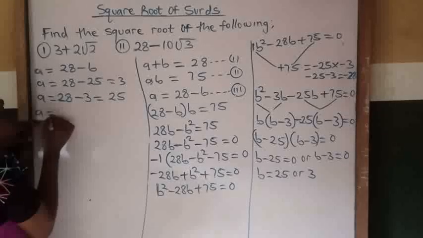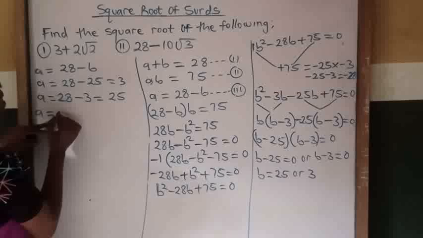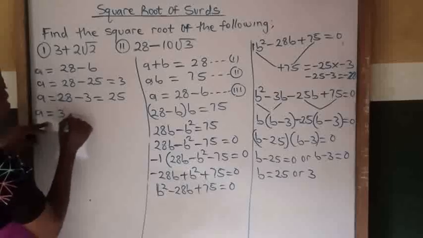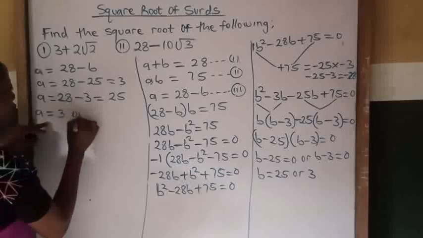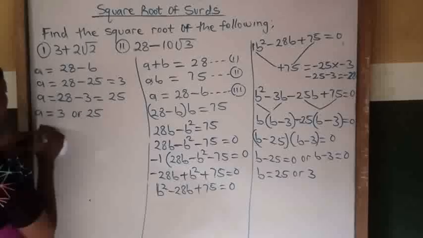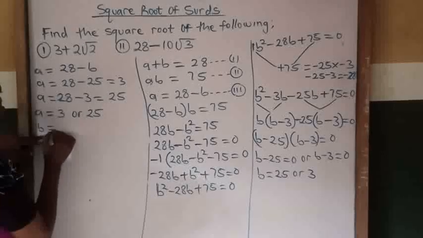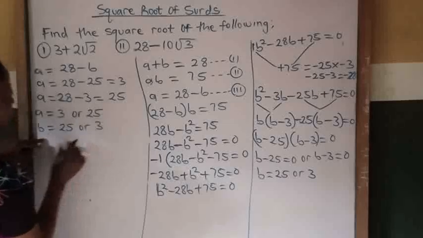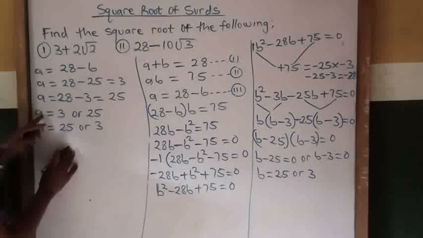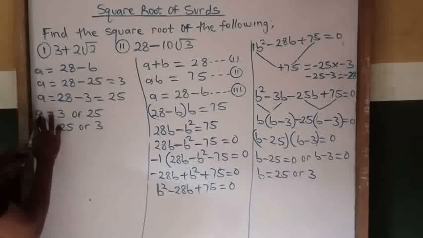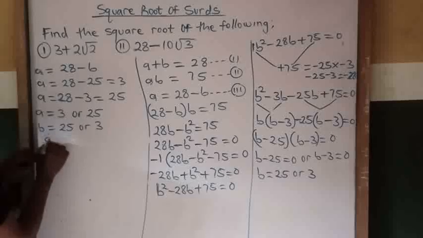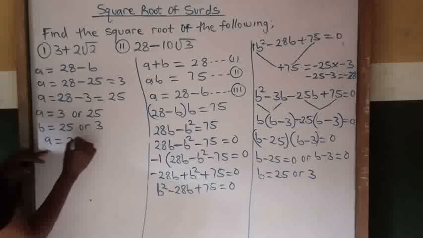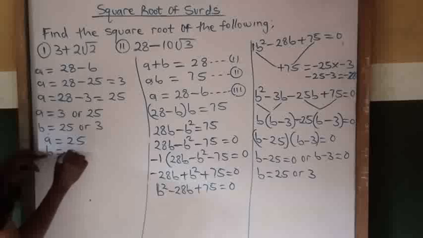So a is equal to 3 or 25, while our b is equal to 25 or 3. So the value of a can be equal to the value of b. So let's take a to be equal to 25 and b is equal to 3.